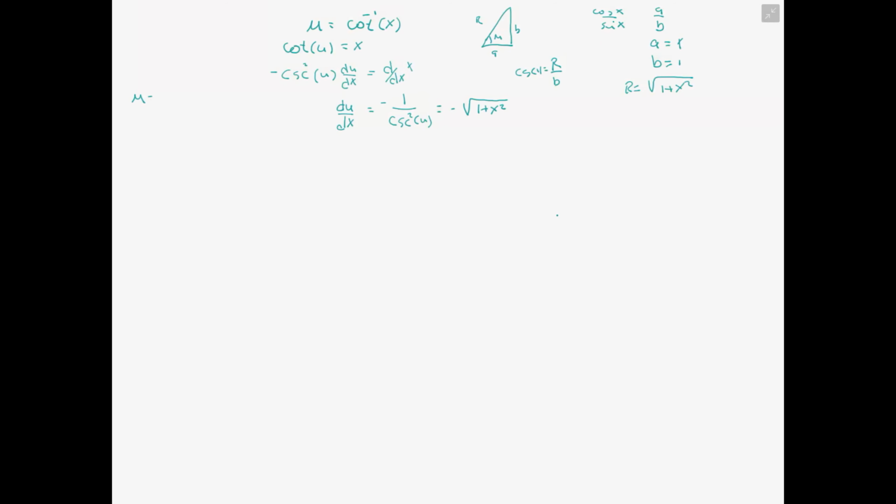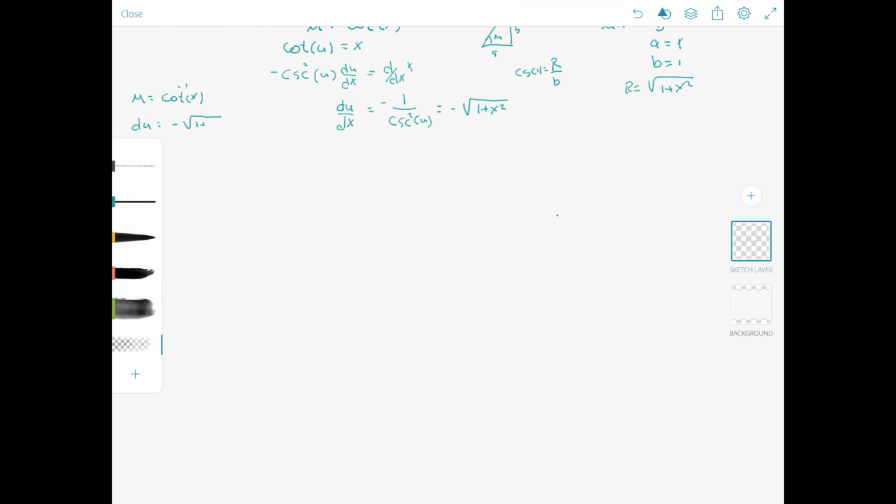So we've picked our u equals the arc cotangent of x. Du equals minus 1 plus... hang on a second. Let's check this out first. Okay.